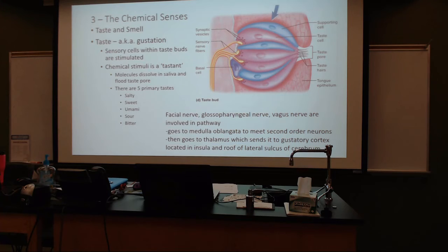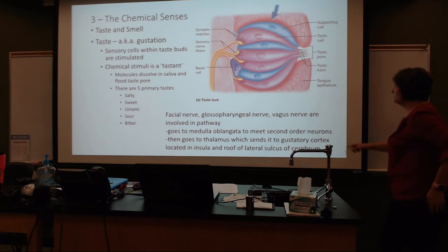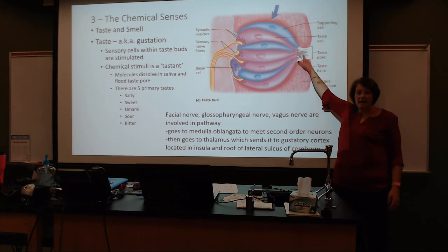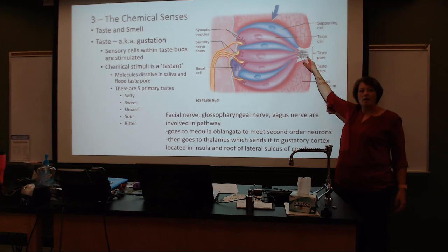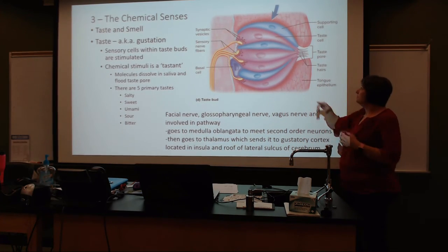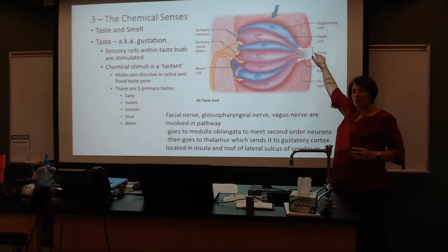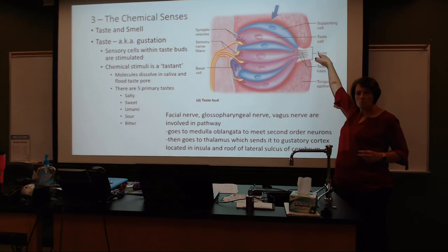Do you notice that only the pink ones have the nerve, that little end, attached to it? They're also the only ones with taste hairs. Now, note, those are right here at the taste pore.